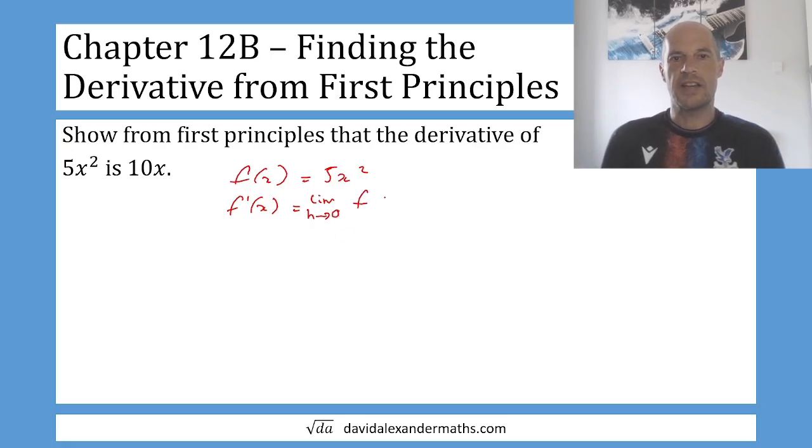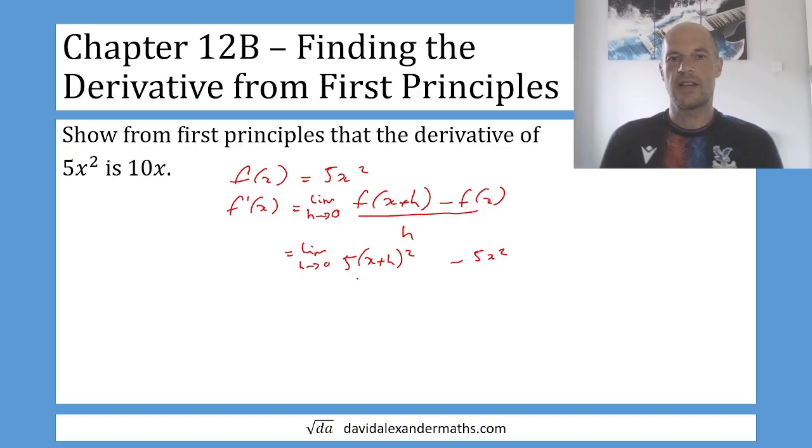And remember that it's f of x plus h minus f of x all over h. So what is that as h tends to 0? So our function is 5x squared, so we're going to be subtracting 5x squared. Now if I'm adding h to 5x squared, then that would be 5 lots of x plus h squared. So that's 5 lots of, in brackets, x plus h squared, and that is going to be over h.